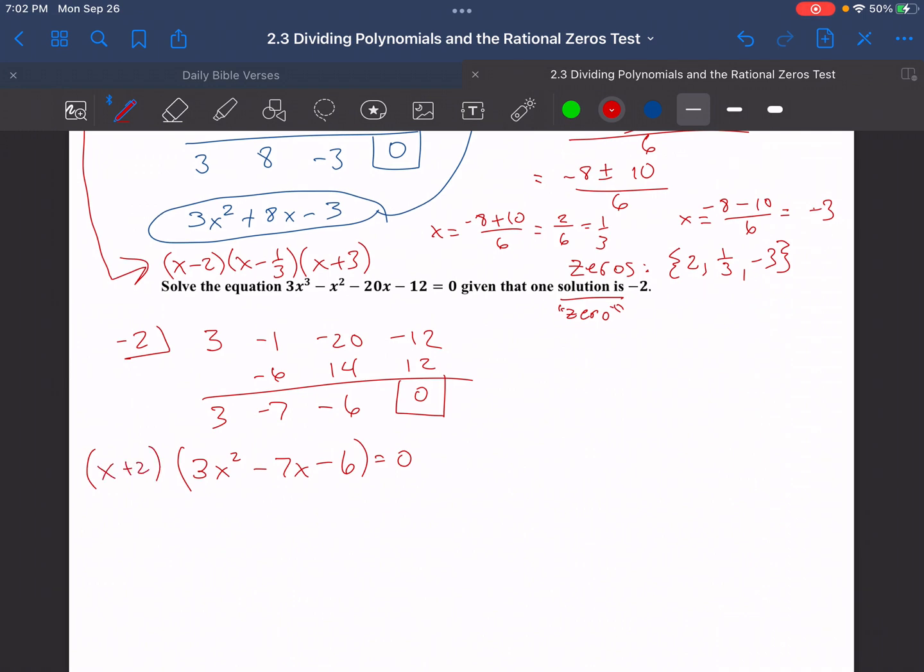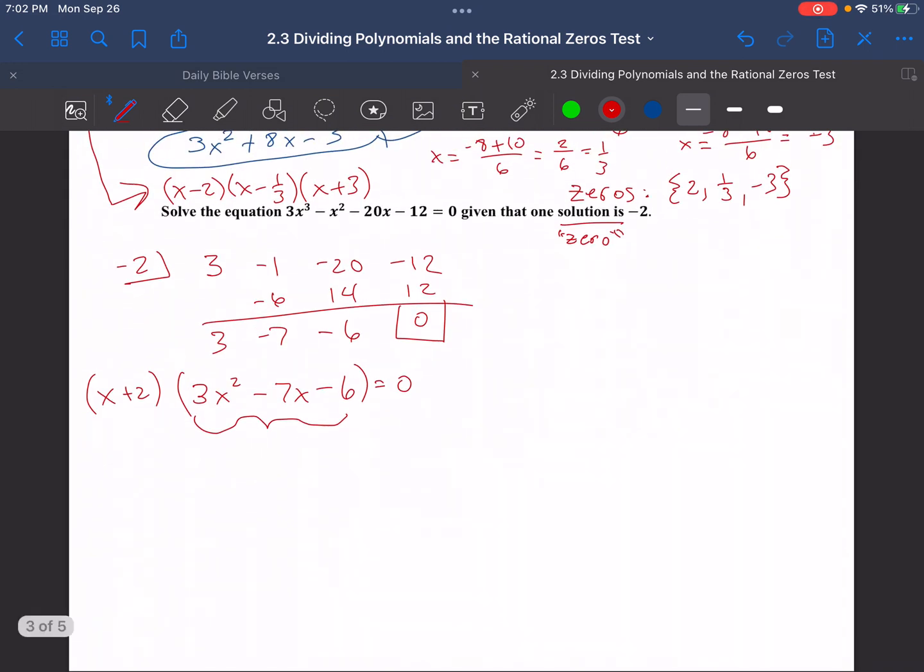That's what this thing factors out, because we divided that x plus 2 out by doing the synthetic division with the negative 2. And now we want to work on just solving this part. I don't really want to mess around with that being factorable very easily or not. I don't see something real quick, so I'm going to pretty much immediately jump into the quadratic formula.